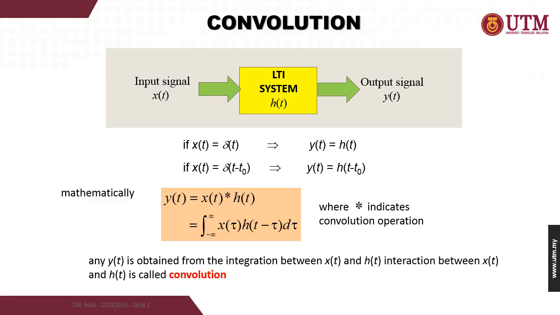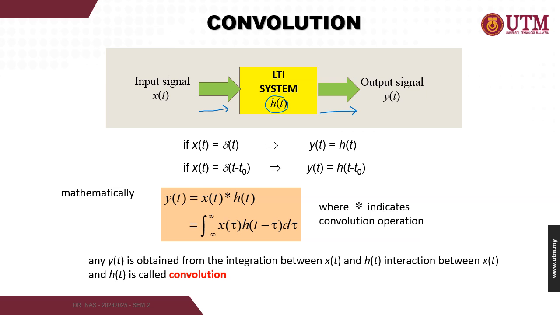Okay, this slide shows what a convolution system looks like, in which you have an input signal x(t) being transmitted over a transmission medium into an LTI system which has an internal signal h(t), and then being transmitted to the output or the end recipient.